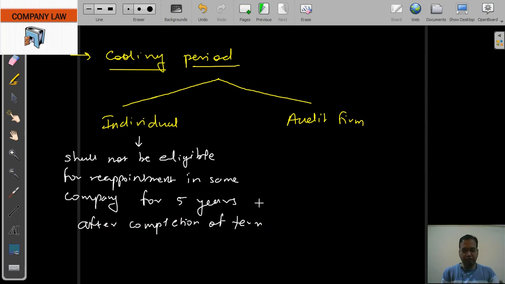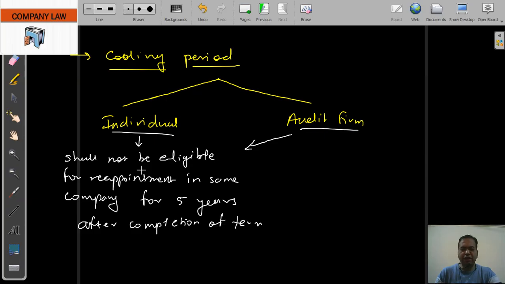This is a similar provision for audit firms as well. So for the next 5 years it will not be eligible. That is the cooling period which a company will have to complete in order to again become the auditor of the same company.